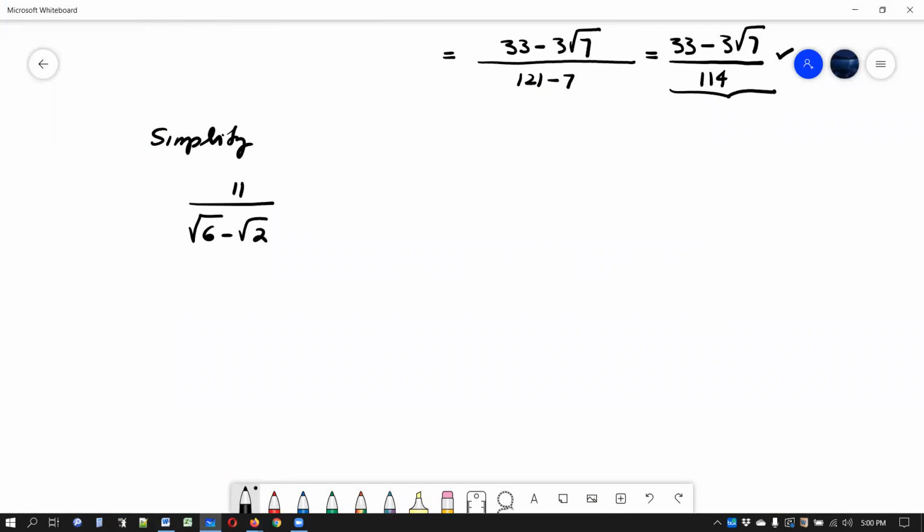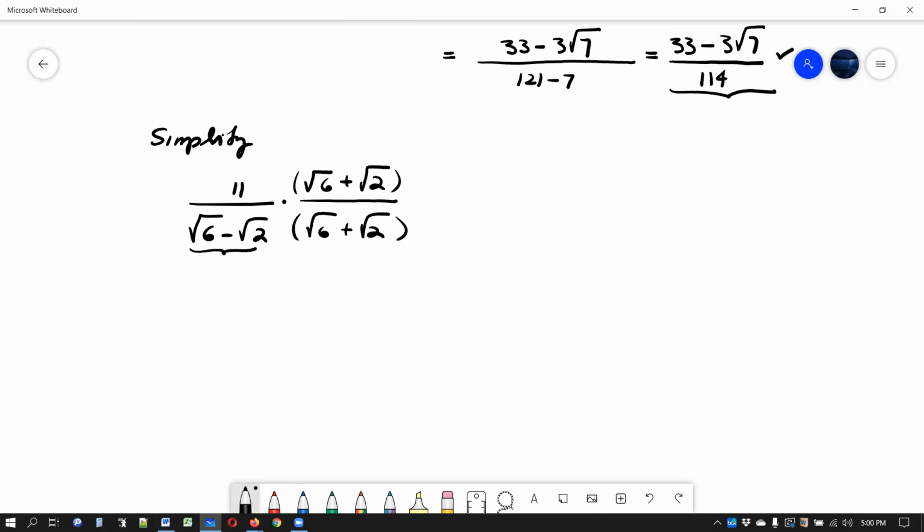Same thing. This is a division problem. I have two terms in the denominator, so I'm going to use the conjugate technique. The conjugate of these two terms is the same two terms, but with the opposite sign in the middle. Right? Radical 6 minus radical 2, radical 6 plus radical 2.